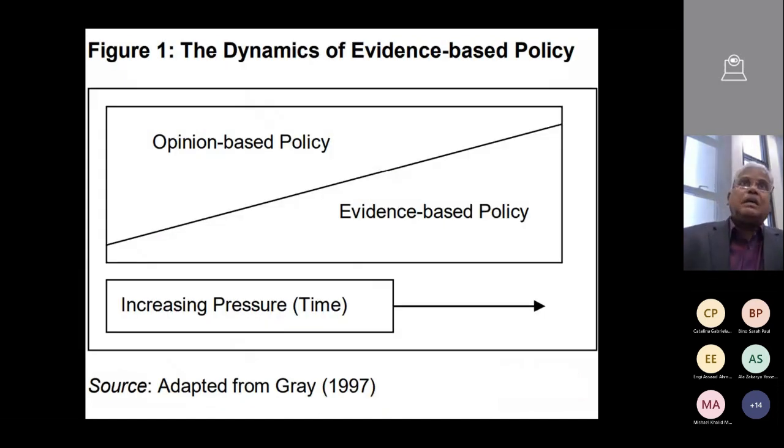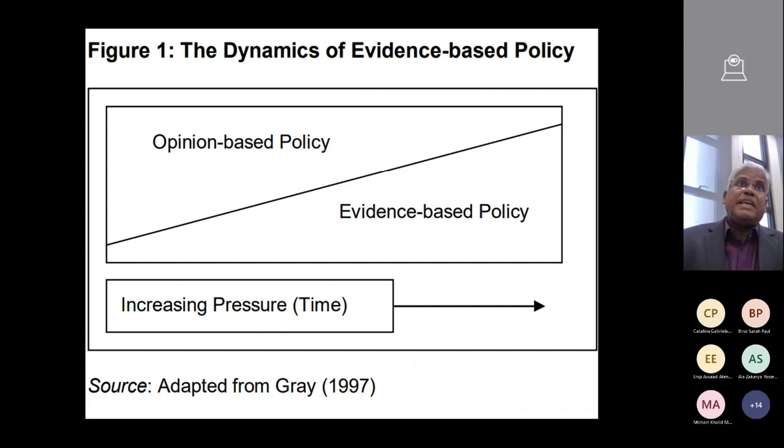Now, this chart is about the dynamics of evidence-based policy. When you have the term like dynamic, it really talks about the evolution of evidence-based policy. If you go back in time scale, possibly the evidence-based policy took center stage in the 80s or from the 90s, in the last 2-3 decades.